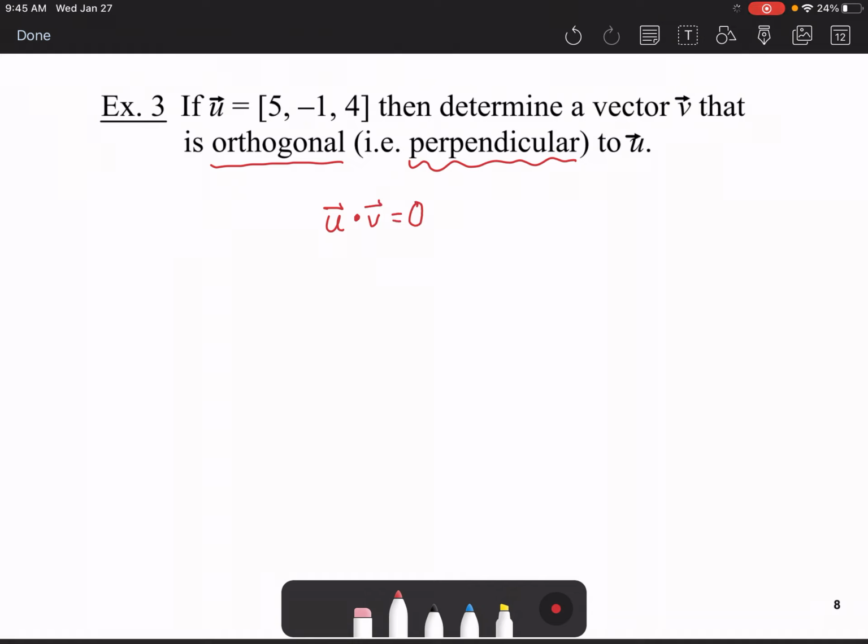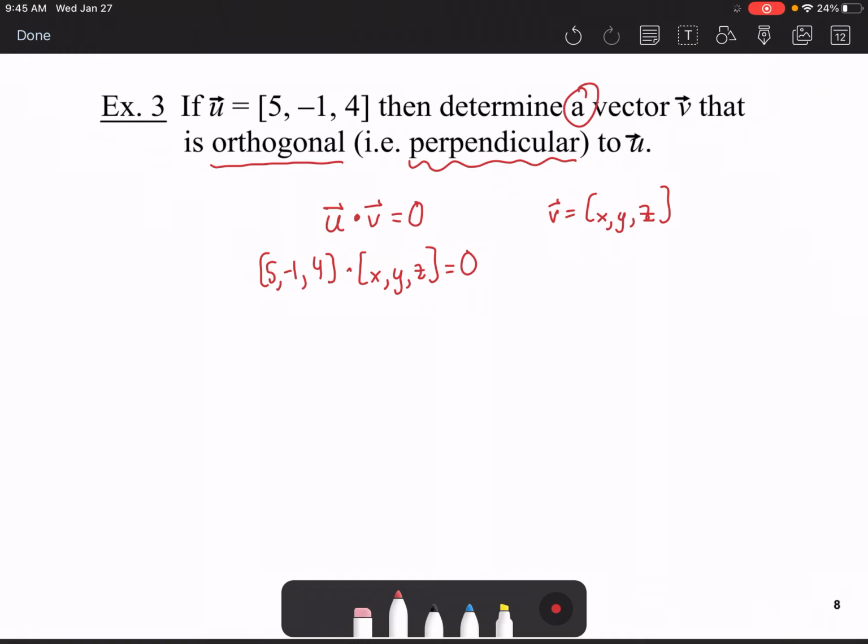So if our vector U is 5, negative 1, and 4, let's make a vector V. Let's call it x, y, and z. And that has to equal 0. Now please realize it says a vector.